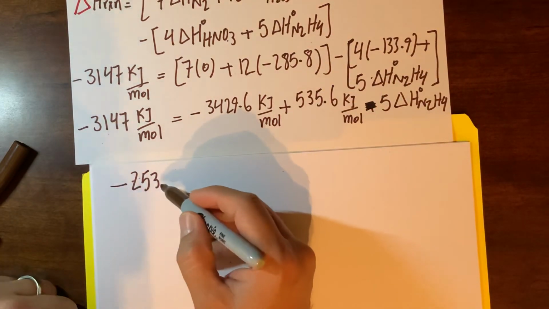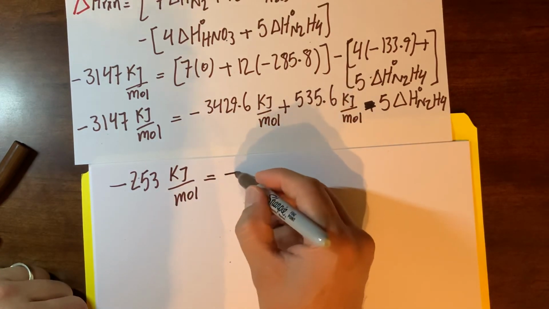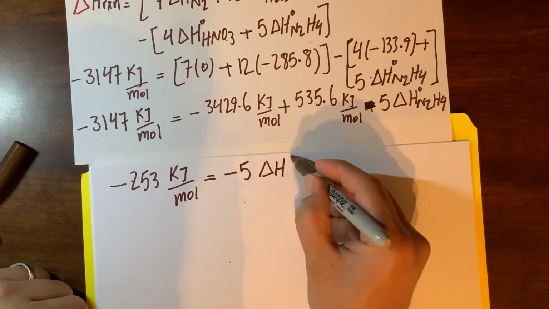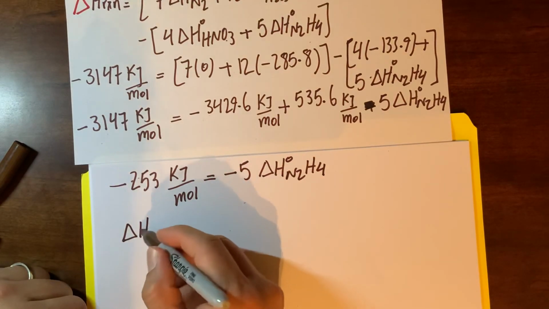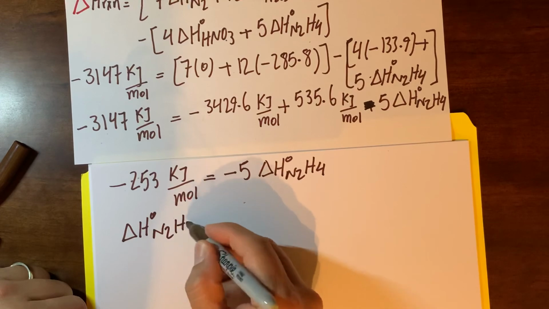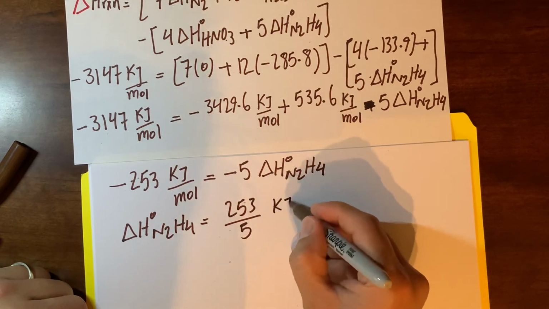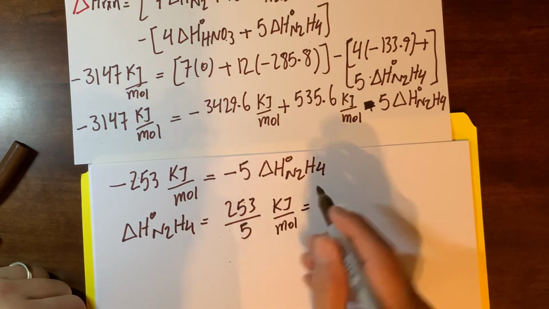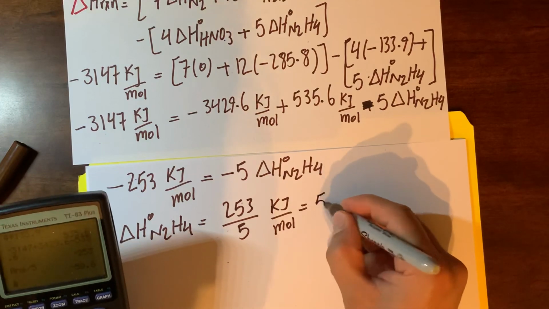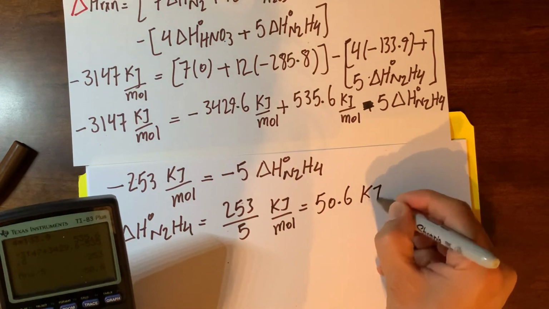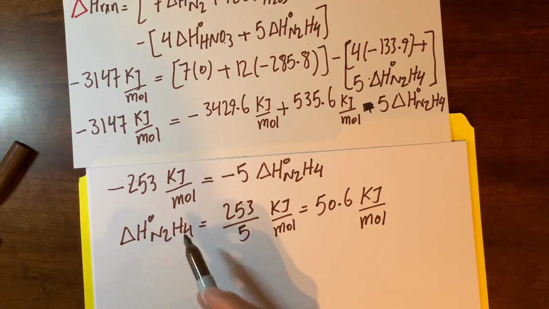Sorry about that. So 253 kilojoule over mole equal to minus 5 delta H of N2H4. So delta H of N2H4 is going to be 253 divided by 5 kilojoule over mole, and it's going to be 15.6 kilojoule over mole. Okay, so this is the delta H of N2H4.